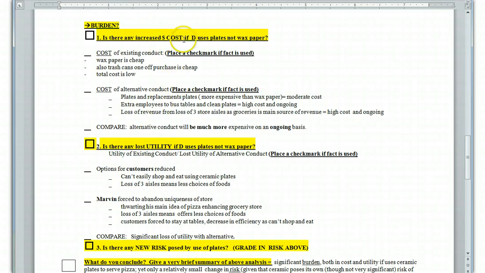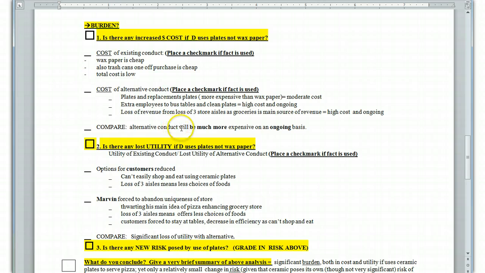So in terms of cost, you want to contrast the cost of the existing conduct with the cost of the alternative conduct. And here are facts that you should use from the fact pattern to compare the additional costs triggered if we require Marvin to take the additional precautions.